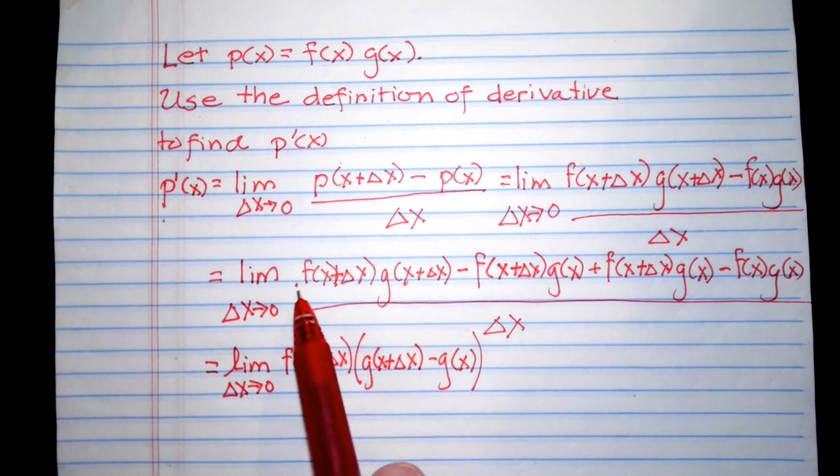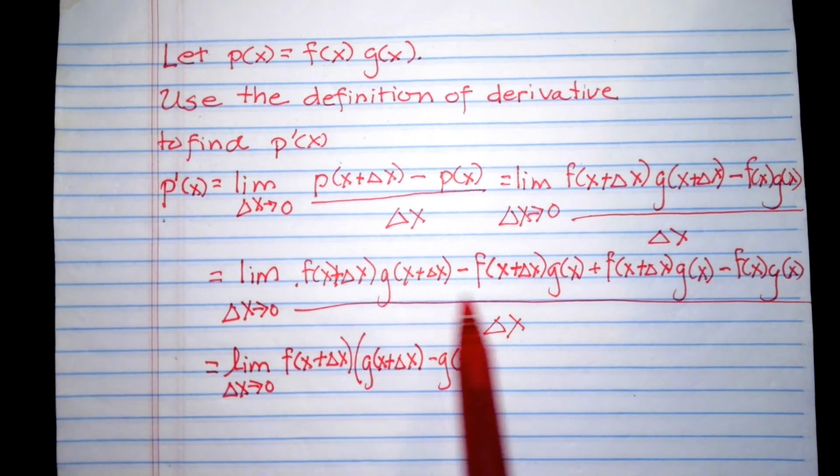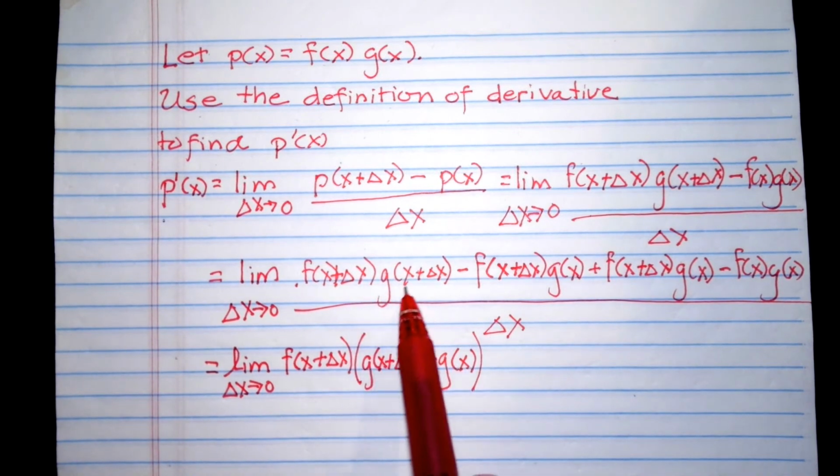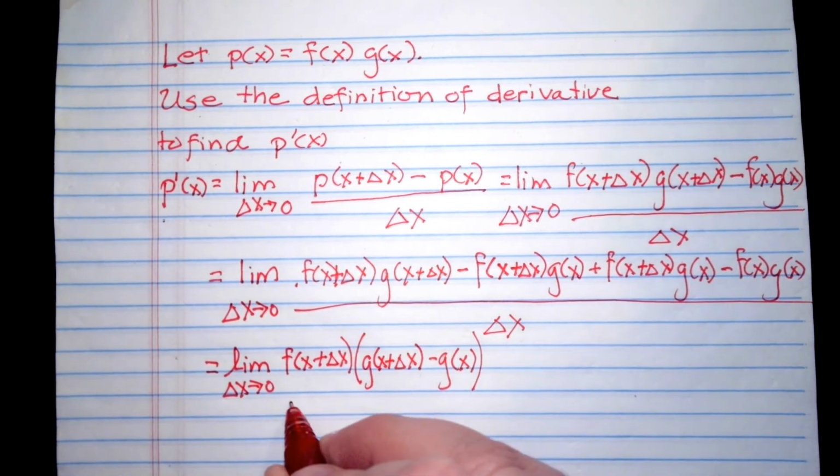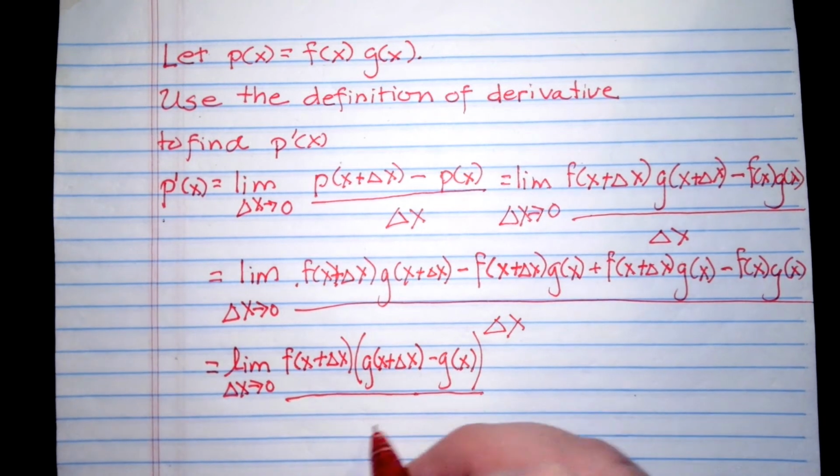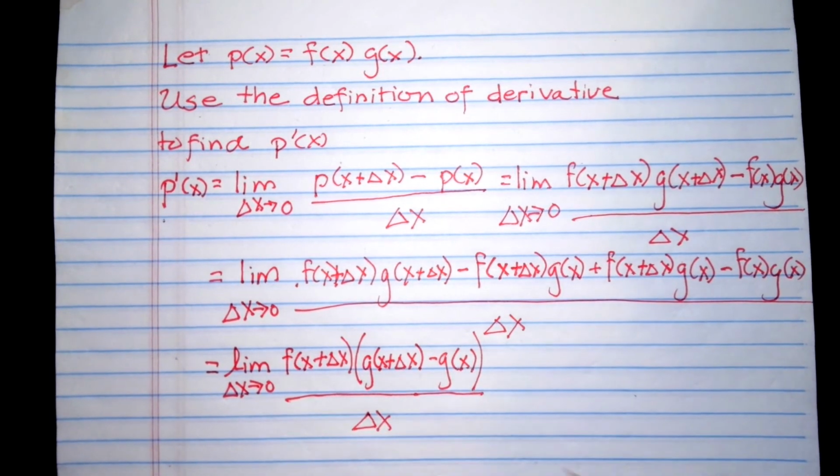So when I take out the f of x plus delta x here and here, that'll leave a g of x plus delta x and a minus g of x behind. And I'm going to put all of that over delta x.